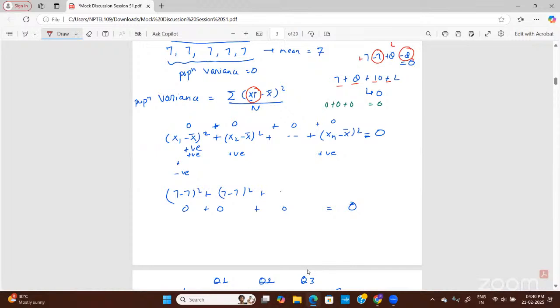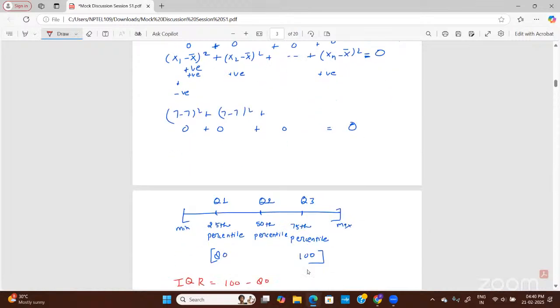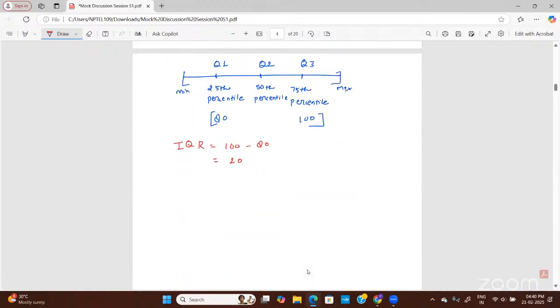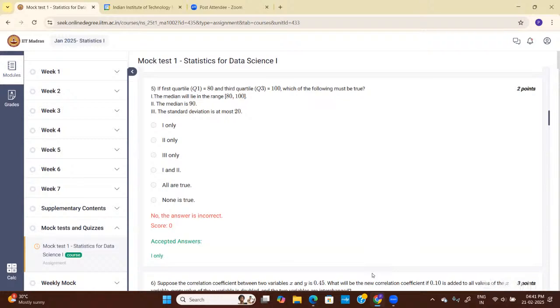Ma'am, IQR is basically the 75th percentile minus the 25th percentile, always? Yes, always Q3 minus Q1, the 75th percentile minus the 25th percentile. So that will be 20, but the standard deviation is not 20.